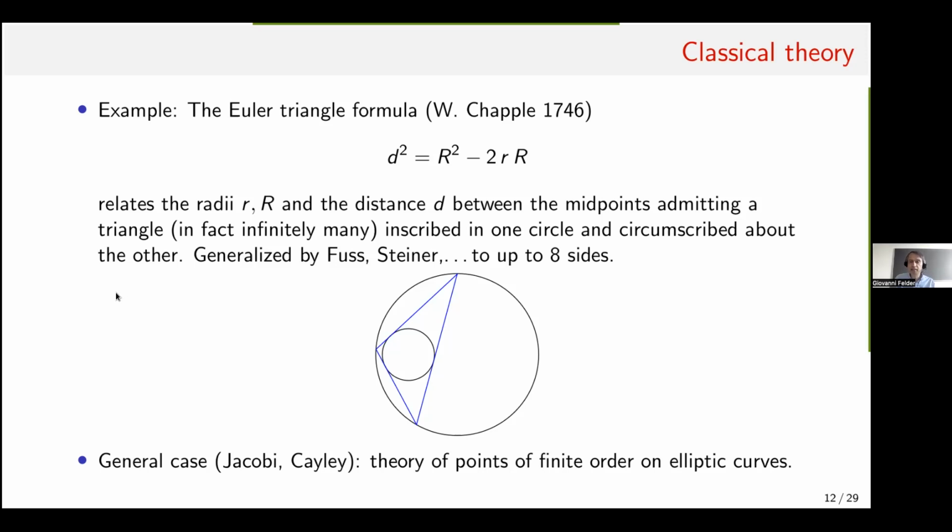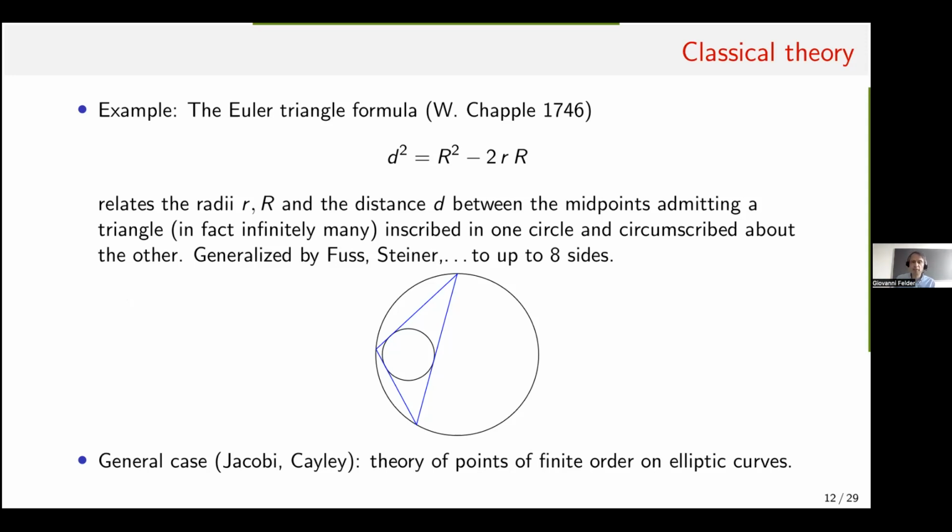And then later, Fuss, Steiner, and so on, there was a lot of activity to find a similar Euler formula for quadrangles, pentagons, and so on, and it went up to 8 sides. And then the theory of elliptic curves appeared, by Jacobi, Abel, and so on.